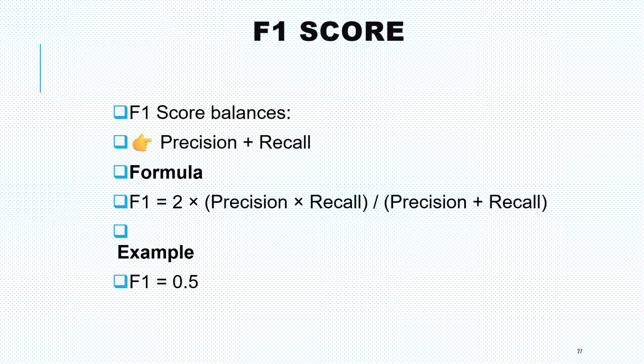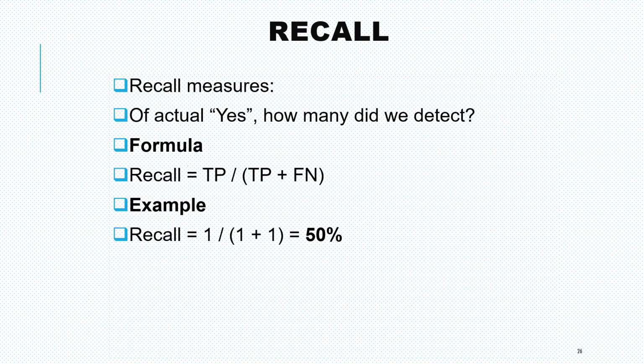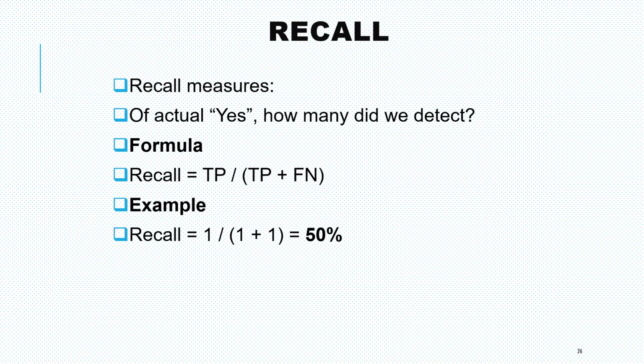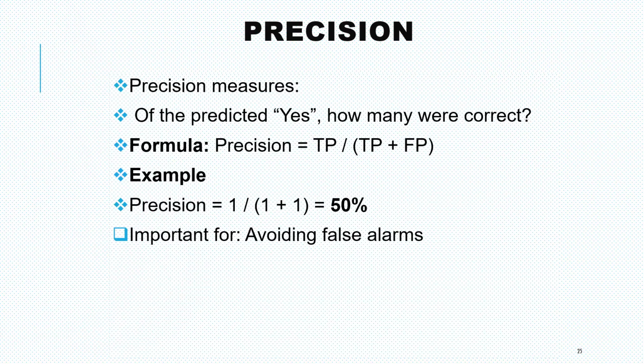The F1 score that balances precision with recall is calculated as 2 multiplied by precision times recall over precision plus recall. And remember, we have calculated precision and recall. Recall we had 0.5, isn't it? Precision too we had 0.5.